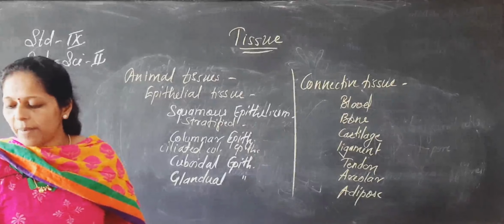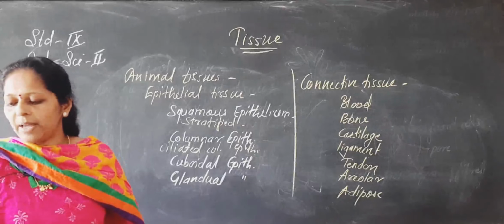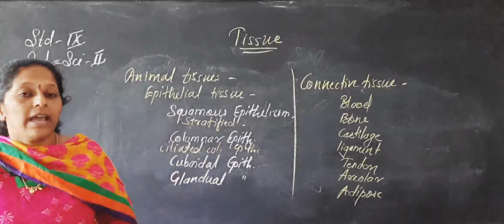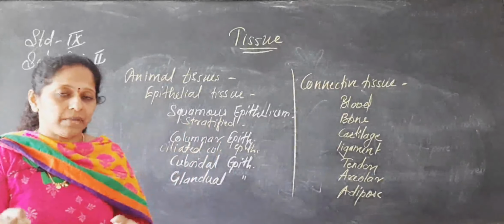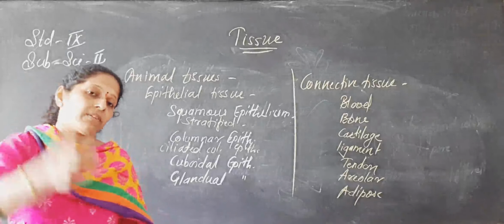See here, in this type of tissue, the cells of connective tissue are loosely spaced and embedded in an intercellular matrix. They are loosely spaced, and they are fixed in an intercellular matrix, which may be hard, or in liquid form, or solid form.